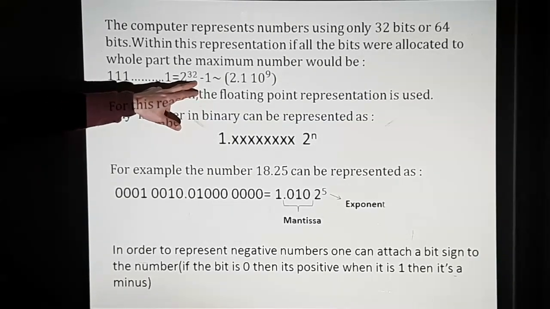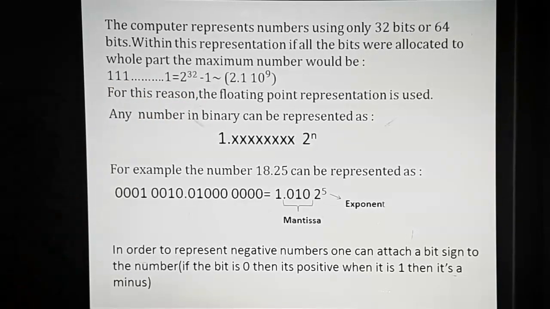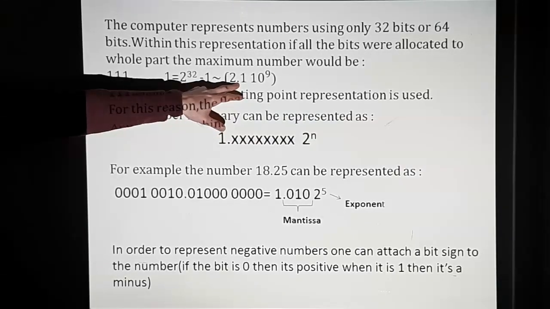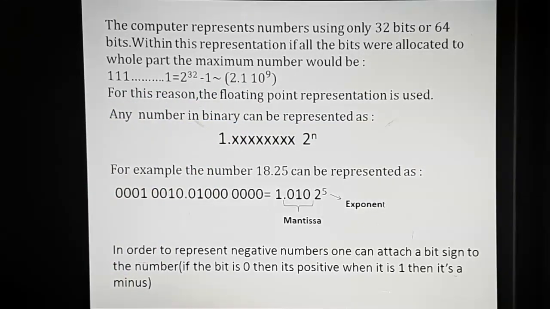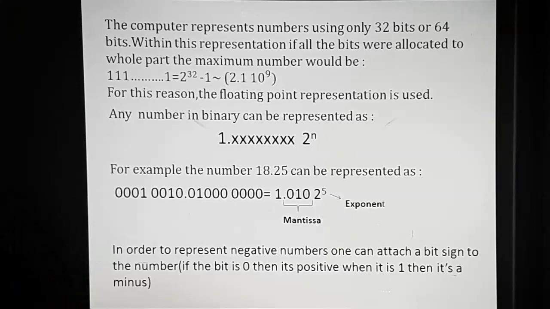So this is 2 power 32 minus 1, this number, which gives in base 10 around 2.1 times 10 power 9. Now, in addition, if you want to allocate digits for the fractional part, this number will be further reduced.